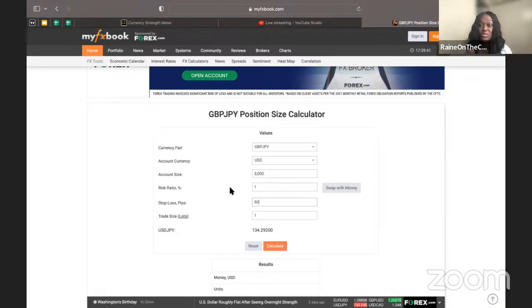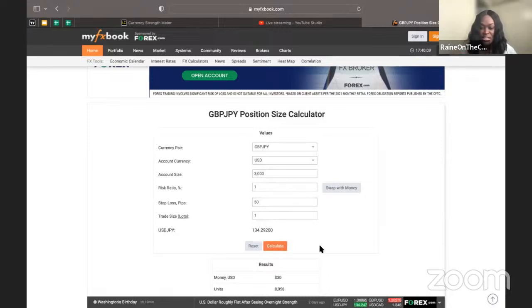You want to treat this like a business. So if it hits my stop loss, I want to only lose 1%, because the next trade I take, I may be able to make 2% or 3%, right? I want that opportunity. Trading involves risk. Risk management is what's going to keep us in the game.